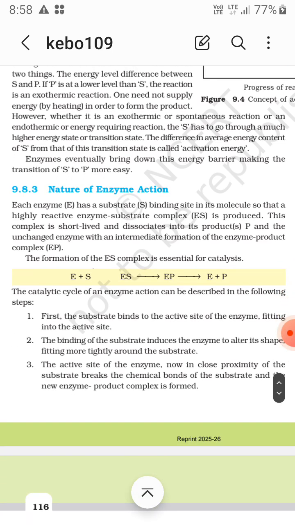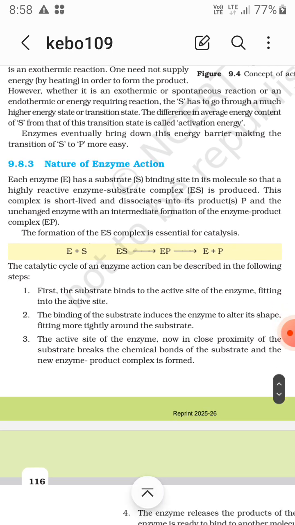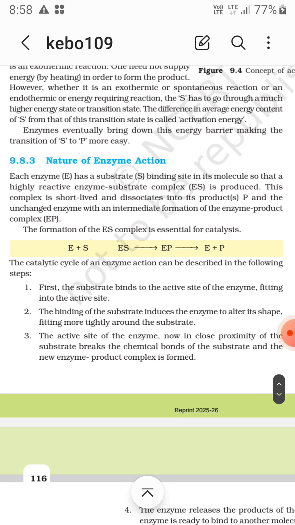Now, nature of enzyme action. Each enzyme has a substrate binding site in its molecule so that a highly reactive enzyme substrate complex is produced. So the enzyme substrate complex is highly reactive, right?